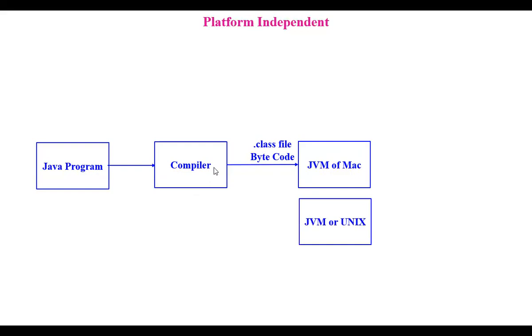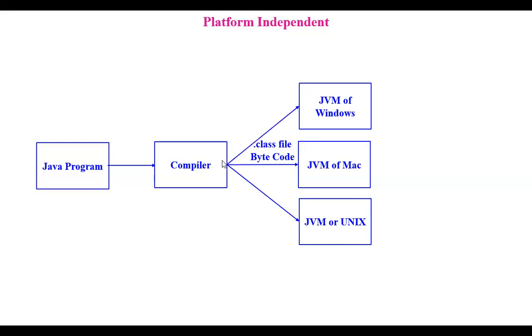Suppose you give the same output to another machine with the Unix operating system. The Java Virtual Machine does the magic. This program can be given to the Unix system, and it will run there also. Similarly, we can give the same output to another machine with the Windows operating system.